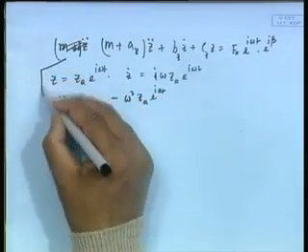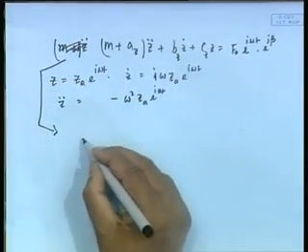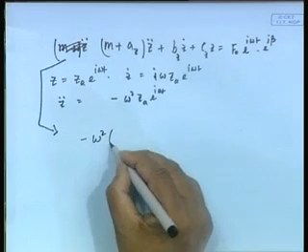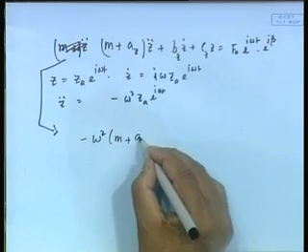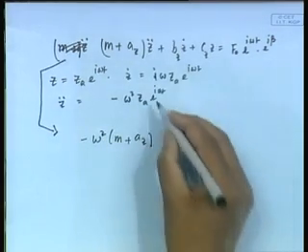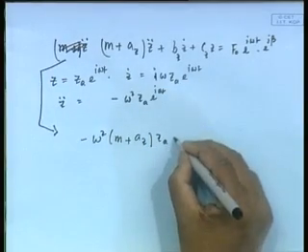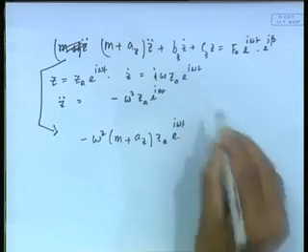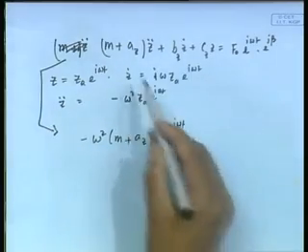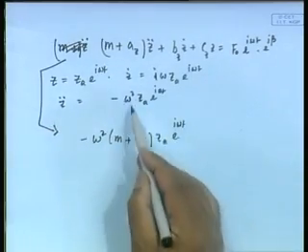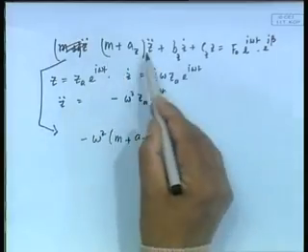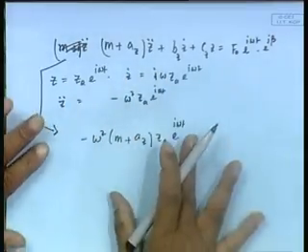So, what happens to this equation? Minus omega square (m plus a z) ZA e power of i omega t, that is right, because ZA comes here, e power of i omega t comes here, minus omega square z double dot, this is okay, no?